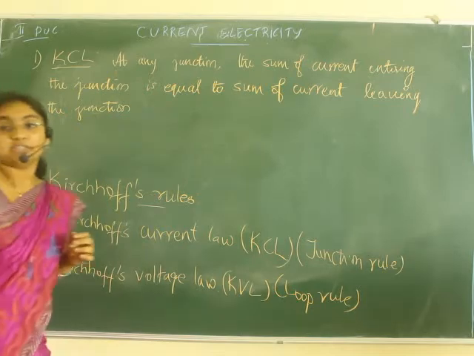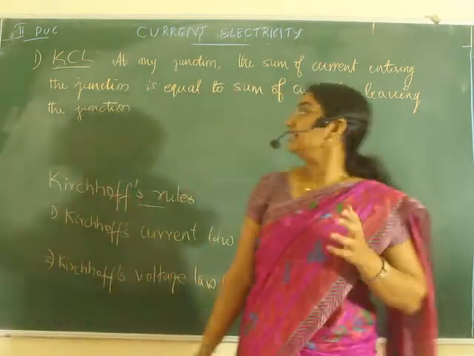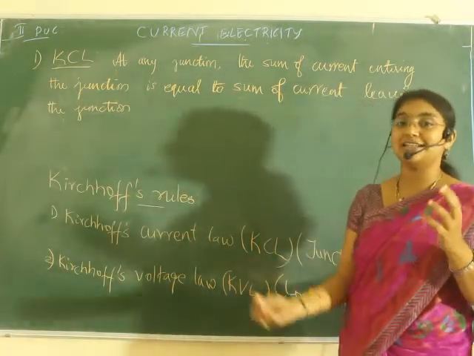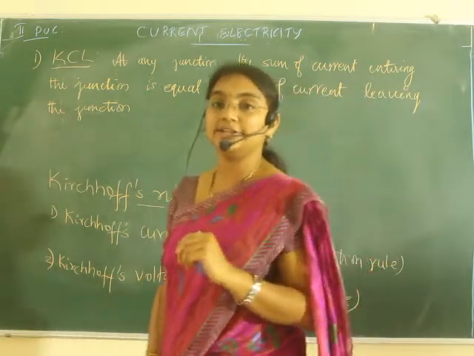The Kirchhoff's current law states that at any junction, the sum of current entering the junction is equal to sum of current leaving the junction.